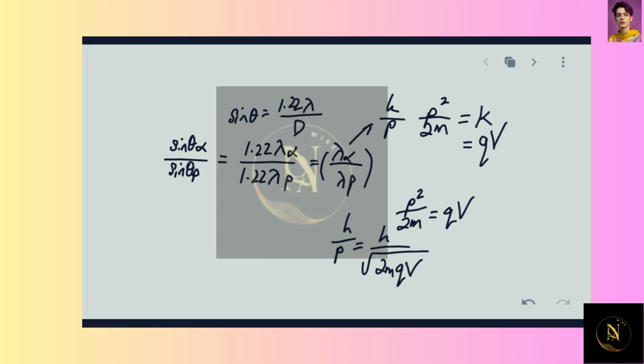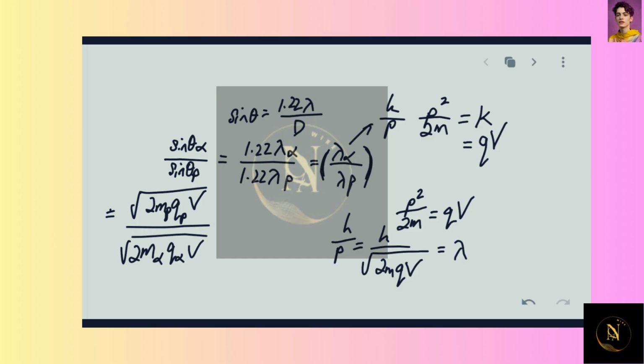If we put this into the expression, the constant h will be gone. So we're left with only the square root of 2 m_p q_p V over the square root of 2 m_alpha q_alpha V. They are flipped because this is an inverse: it is 1 over the square root, so the proton one goes to the top and the alpha one remains at the bottom.